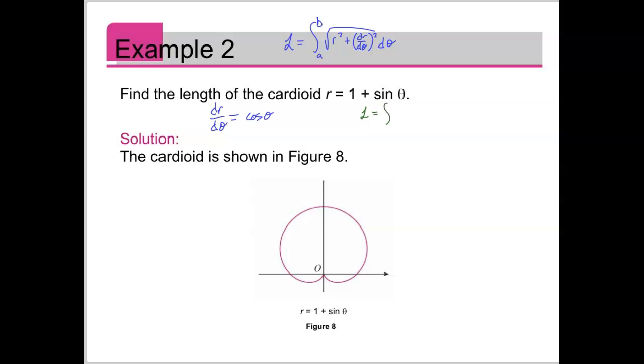So I'm going to get arc length equals the integral. To trace out the cardioid, we're going from 0 to 2 pi. Since there's no angle multiplier on sine, it's just the period of sine. So 0 to 2 pi.